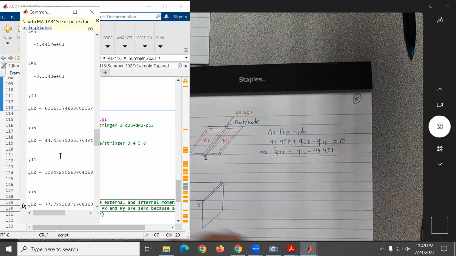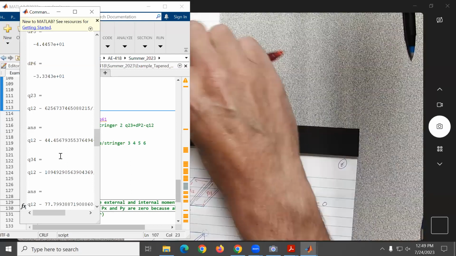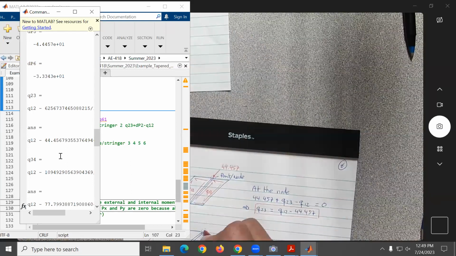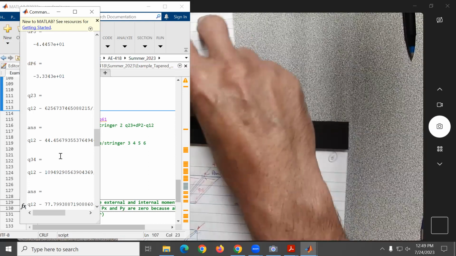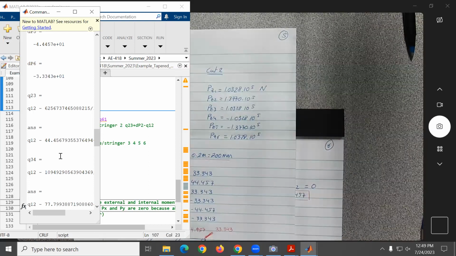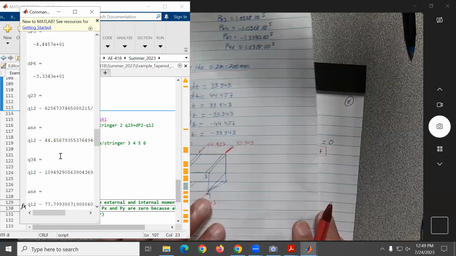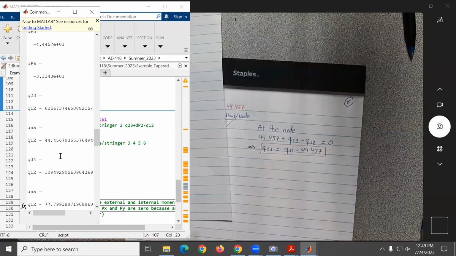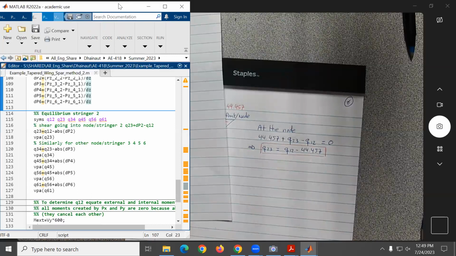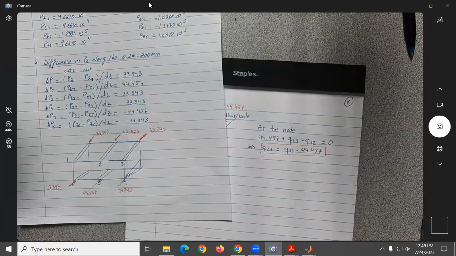So now, what is the force on this one? How much do we have on that one? 33.343. Maybe let me close up this stuff here. Sorry for that, guys. All right, I'm here over here.